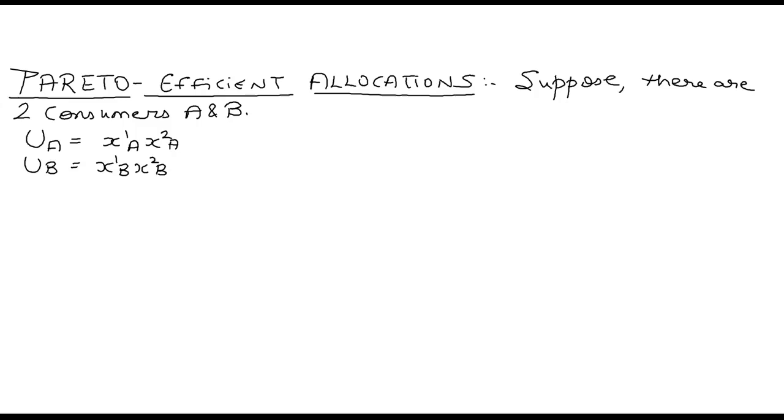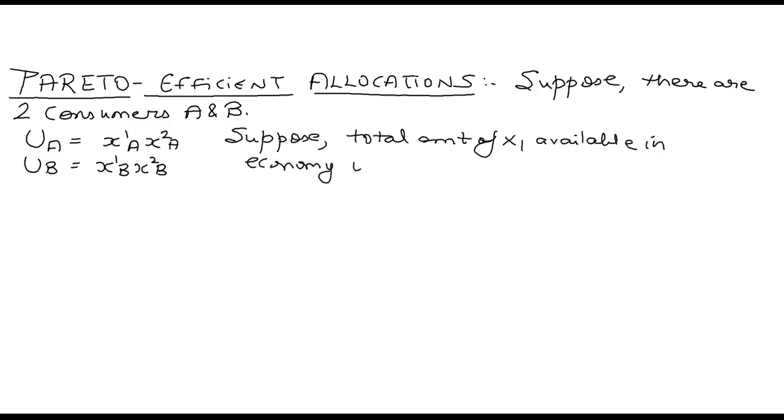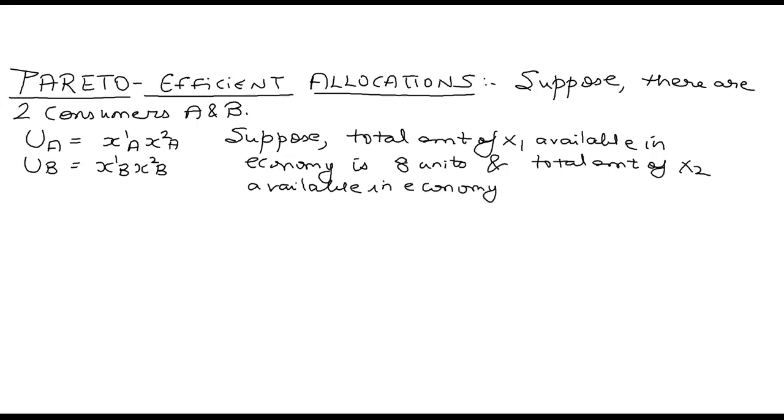Okay, now suppose the total amount of X1 available in the economy is 8 units, and the total amount of X2 available in the economy is 10 units.